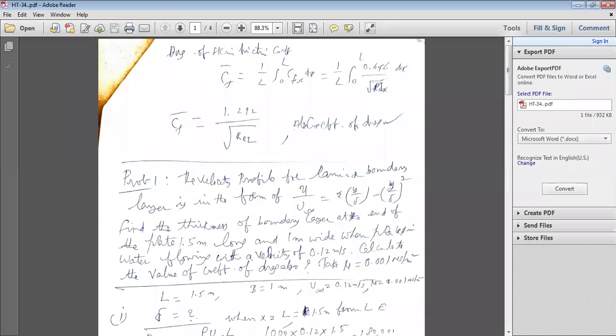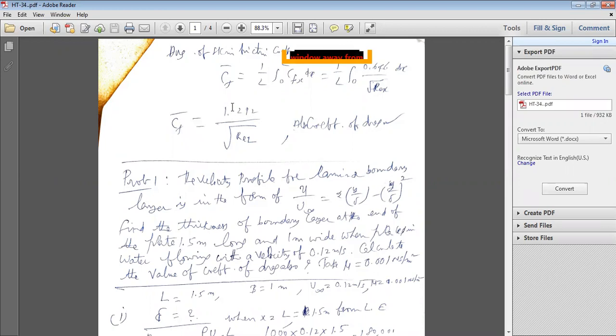But Reynolds number varies from X is equal to 0 to X is equal to L. And if you calculate the average skin friction coefficient by using the formula 1 by L integral 0 to L CFX dx, and CFX value 0.646 divided by square root of Rex dx, and if you substitute the Rex value rho into U free stream X divided by mu, and after integration, after substituting the limits of 0 and L and dividing with L, you will be getting the CF bar value, the average skin friction coefficient.